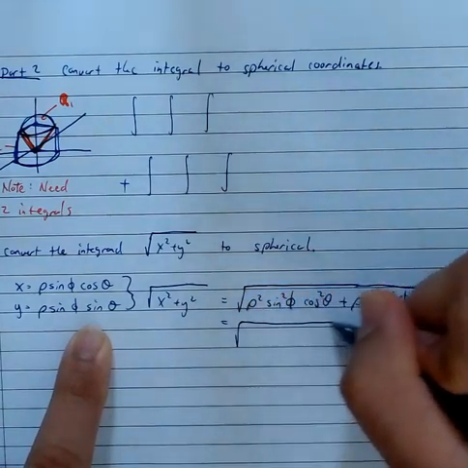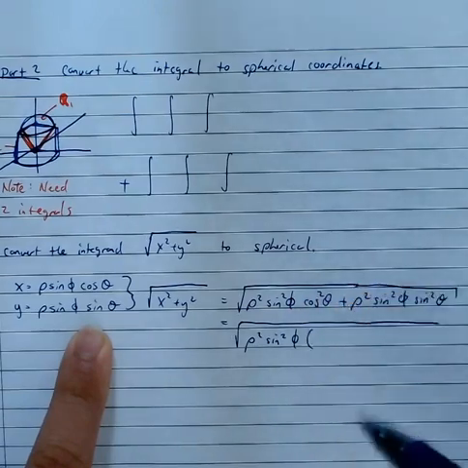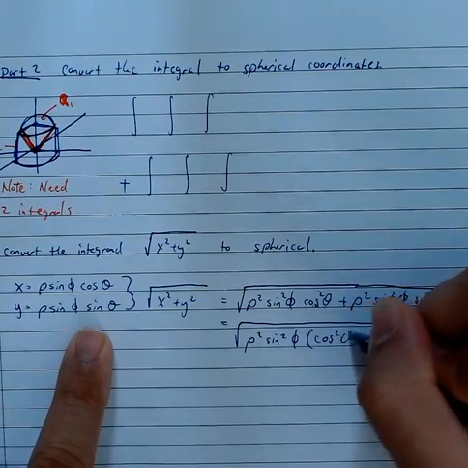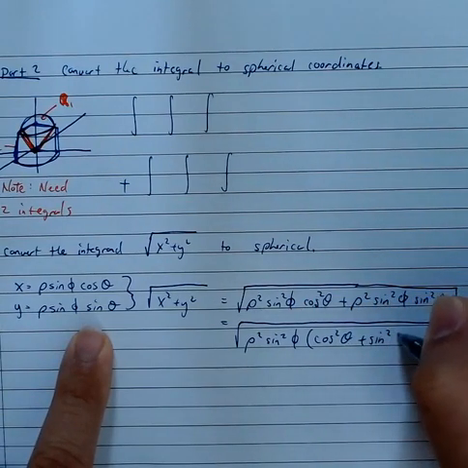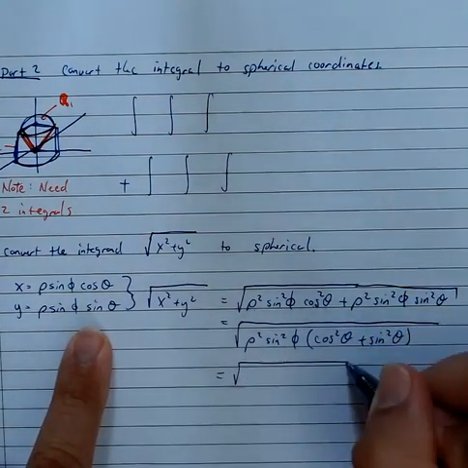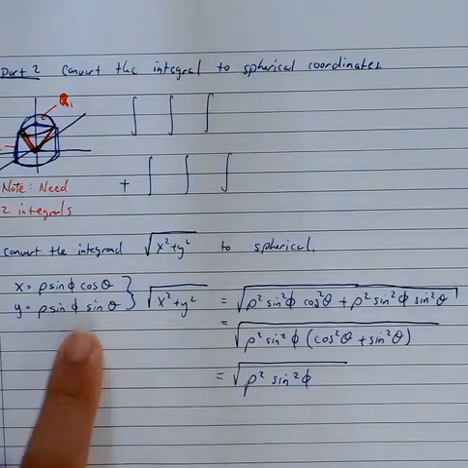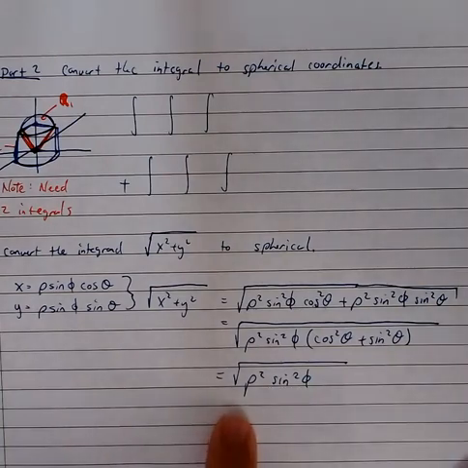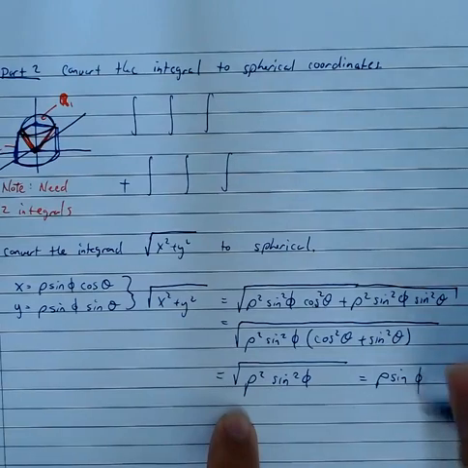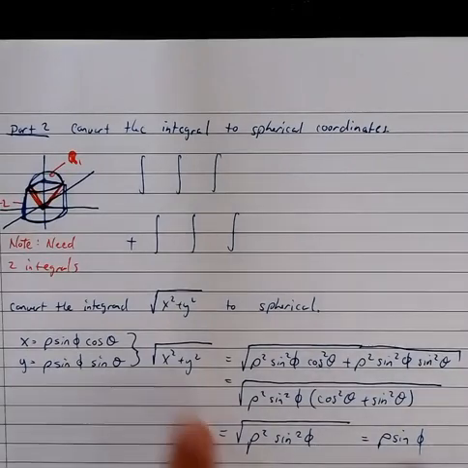So I can write this as the square root of rho squared sine squared of phi times cosine squared of theta plus sine squared of theta, which by the Pythagorean identity is just the number 1. So here that's the square root of rho squared sine squared of phi. And here I can go ahead and take the square root, which will give me rho sine of phi, which is nice.